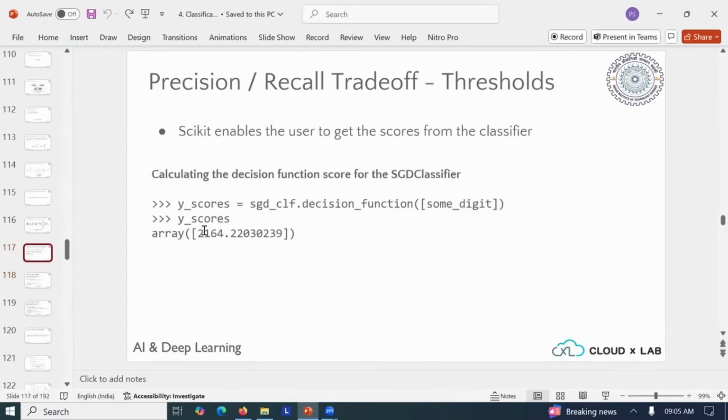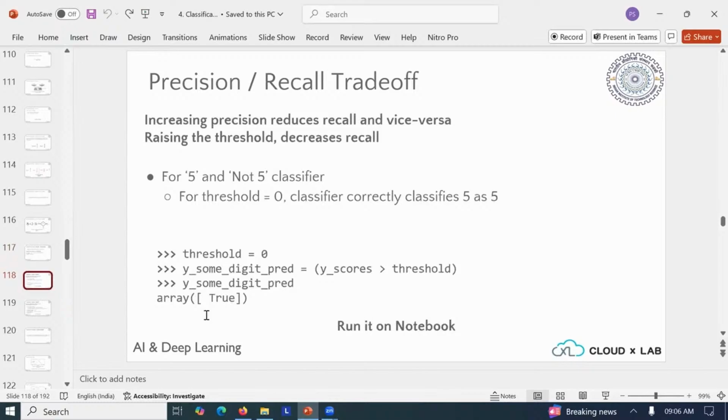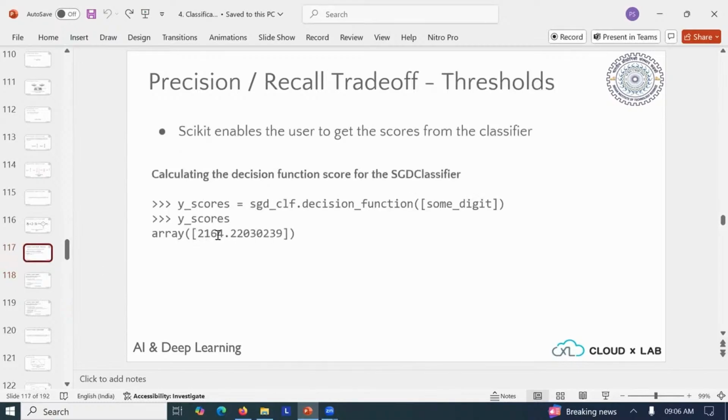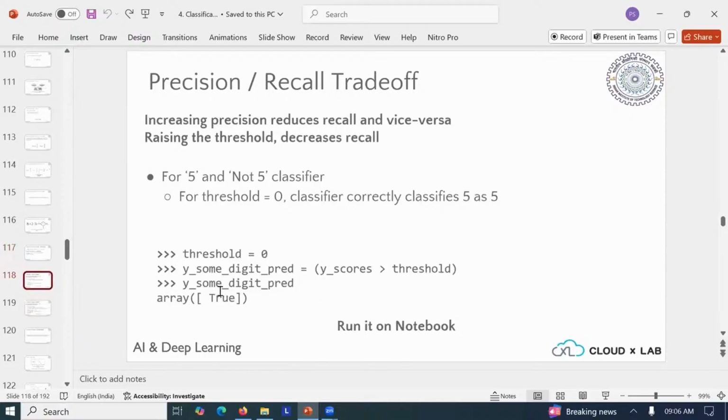But if my threshold is 2500, then for the same input the model will predict false, because the model score 2164.22 is not greater than 2500, the condition is false, which means the model will predict false, right? So model predictions will depend on this threshold.